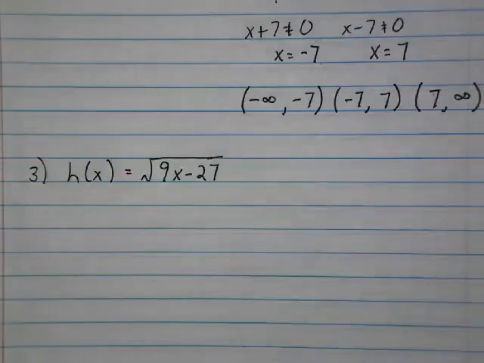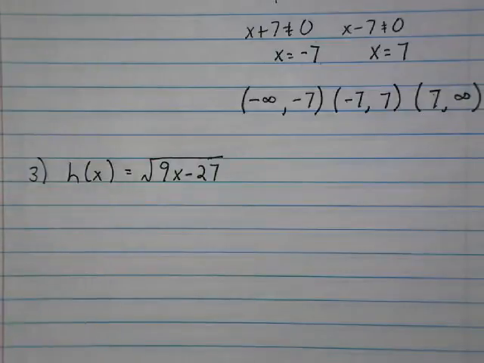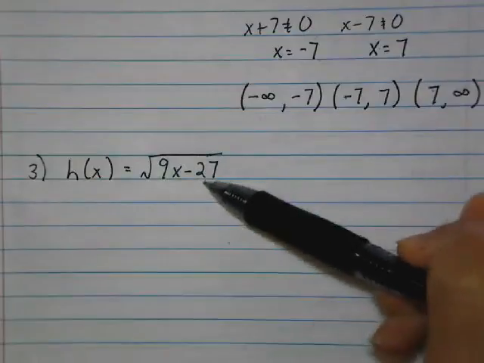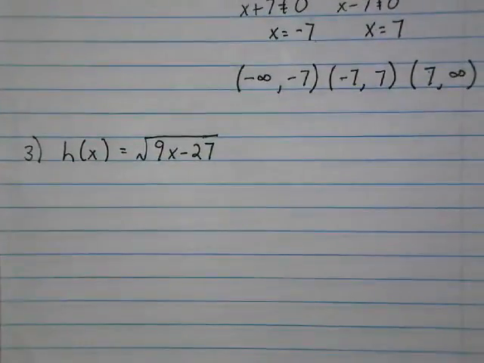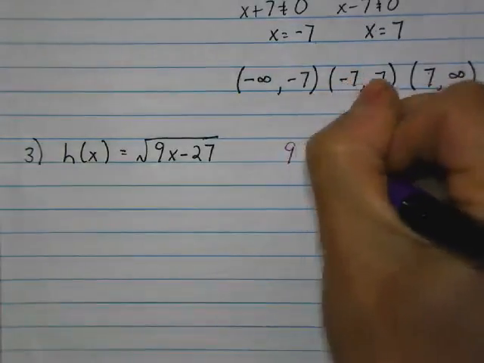Okay, so now we have a square root. And we know that underneath a square root sign, if there's a negative number, we're going to get something called an imaginary number, which means the domain doesn't work there. So what I need to know is where this value is greater than or equal to 0, because it can be equal to. So 9x minus 27, I need it to be greater than or equal to 0.